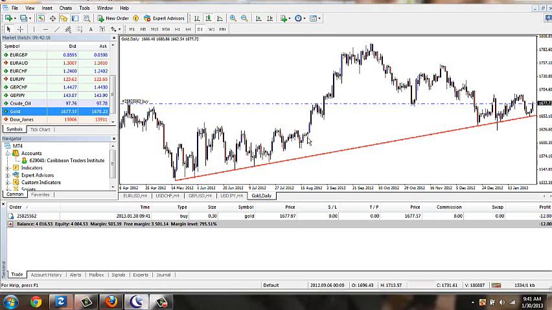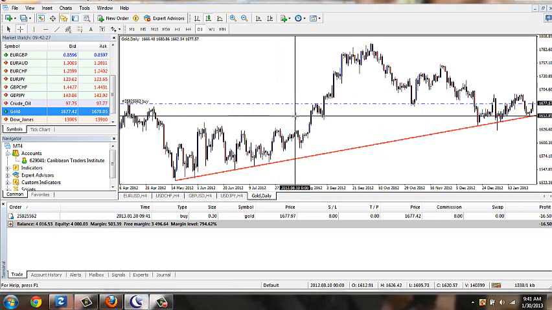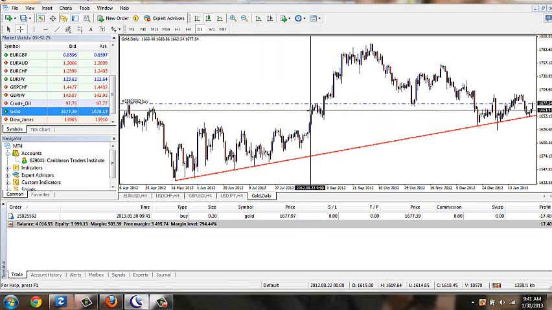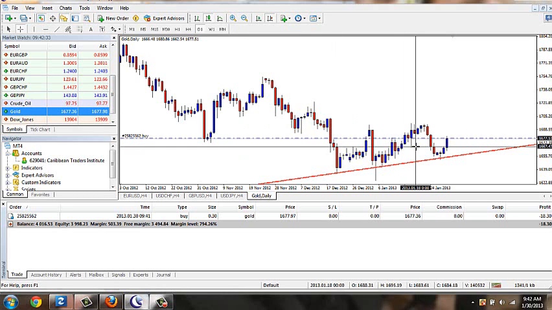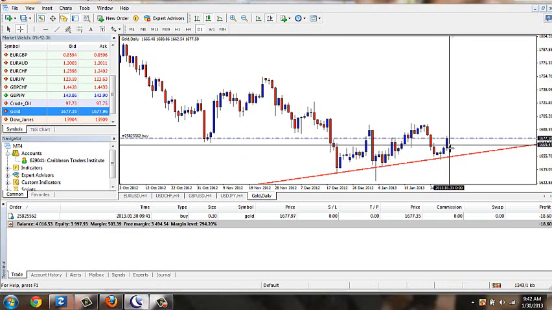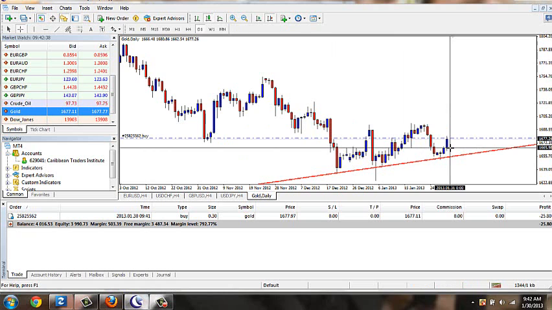Now, let's go ahead and put in our stop loss. Let me explain where we're going to put our stop loss. Because this is a trend line and the market came down to touch it, today, guys, which is the current candle, the market opened at 1665, right?